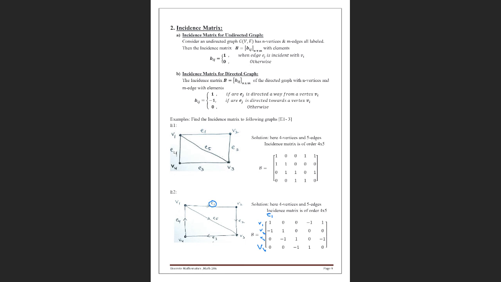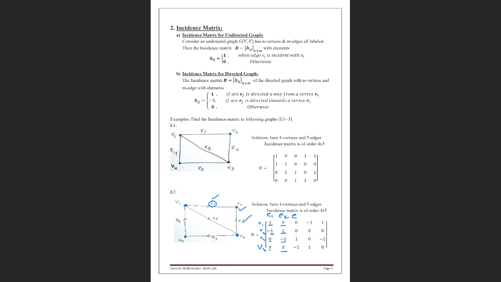So E1 is here, the edge is coming here to V2, so V2 here -1, and going from V1, so V1 here +1, and the rest are 0. Now see this E2. E2 is here, coming here to V3, so V3 -1, and going from here V2, so V2 +1 and the rest is 0.